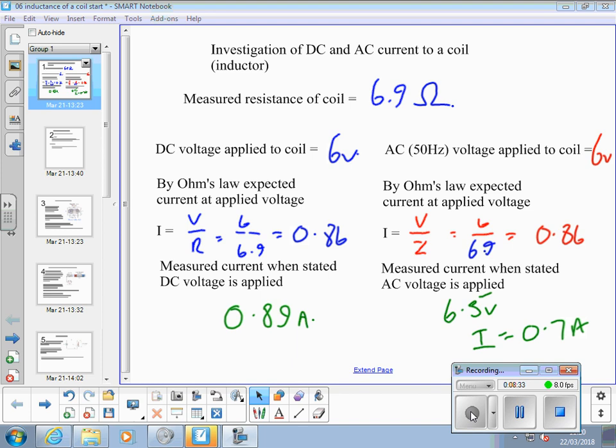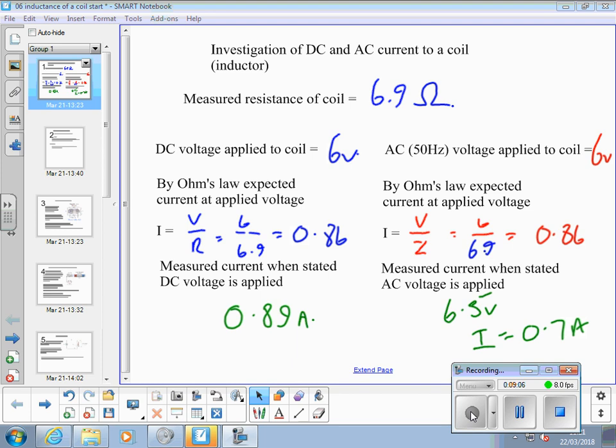Okay? We're going to come back to these results later, after we've talked about why that happens, and then we can find out the difference between resistance, the opposition to current in a DC circuit, and what's called, someone mentioned it earlier, impedance, the opposition to current in an AC circuit.